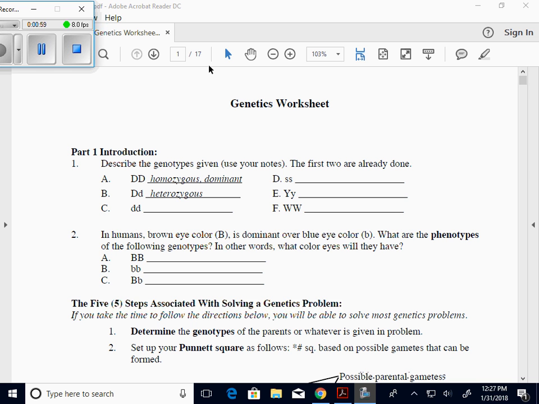So this would be homozygous dominant. The second one, letter B there, is capital D, lowercase d. Those are different, right? So that is what we call heterozygous.